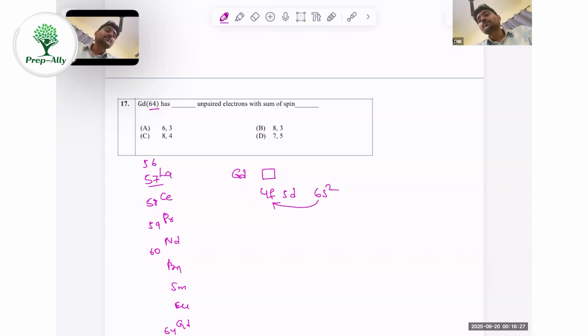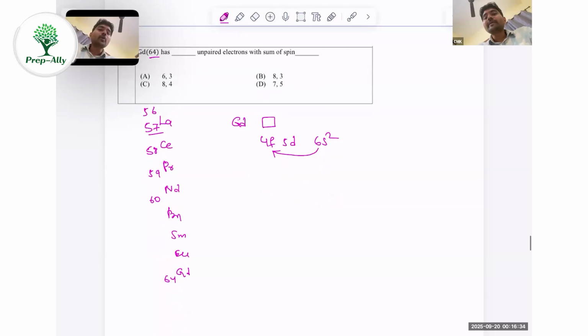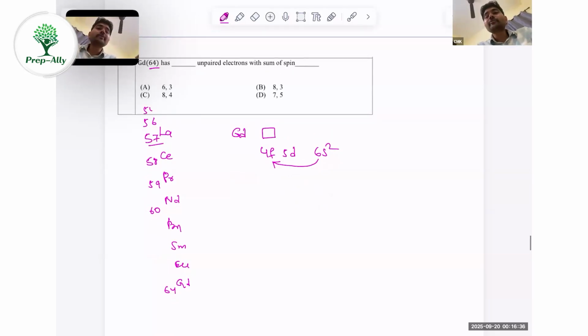So 6s2, 4f, 5d. 6s2 is the electronic configuration of barium. After that, you add the remaining electrons.